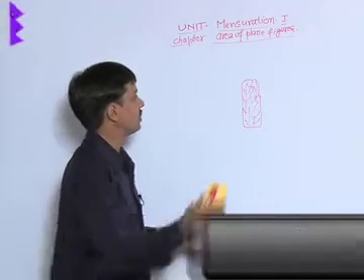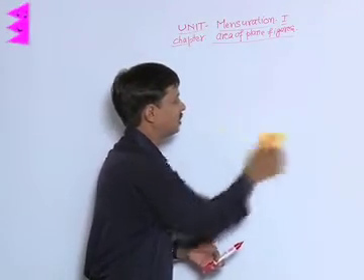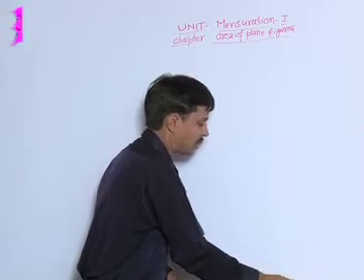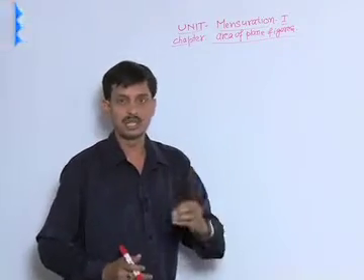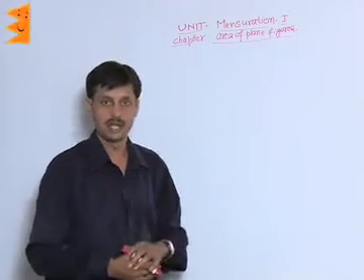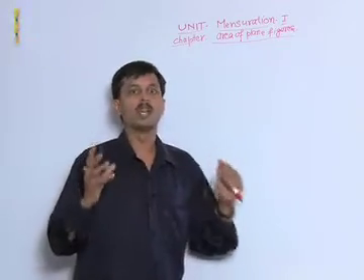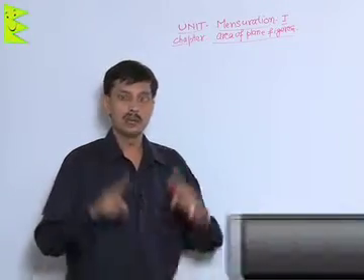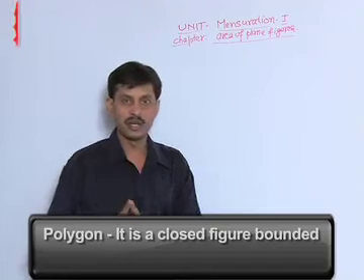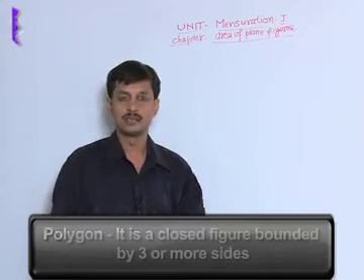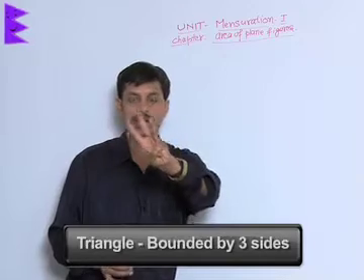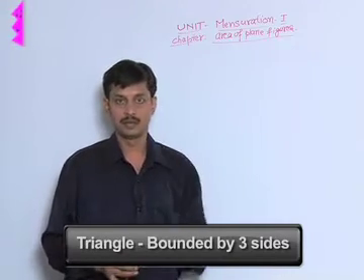Now the question comes: what types of areas do we need to discuss? So I am going to revise a few of the results which you know already. You know polygon. A polygon is a closed figure bounded by 3 or more sides. If it is bounded by 3 sides, it is a triangle.